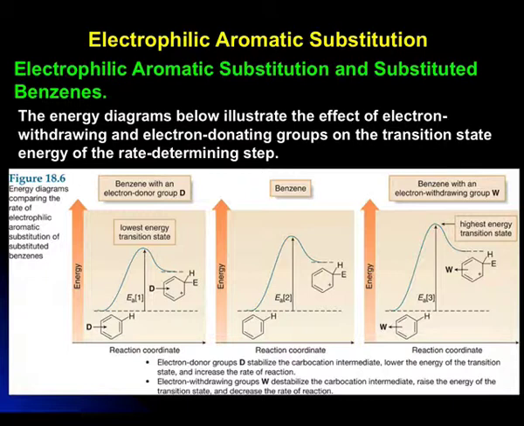Aromaticity, right? So we're going from an aromatic starting material to an intermediate that is aromatic, non-aromatic, or anti-aromatic. What do you think? What do you think, Katie? You look like you want to say something. It is non-aromatic. That's exactly right.